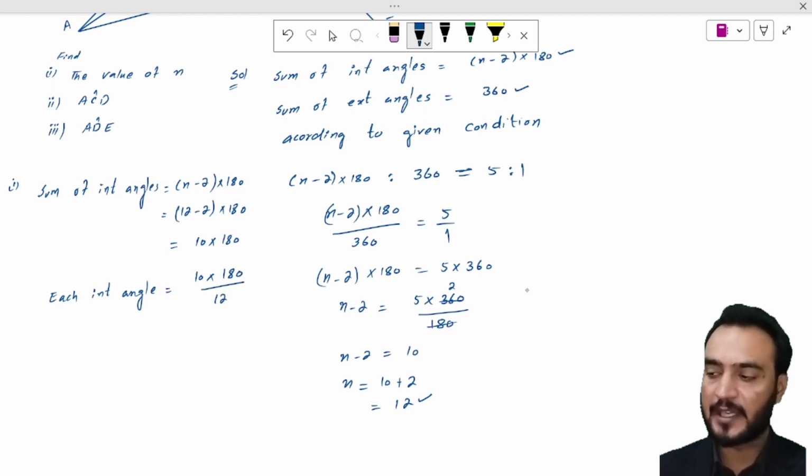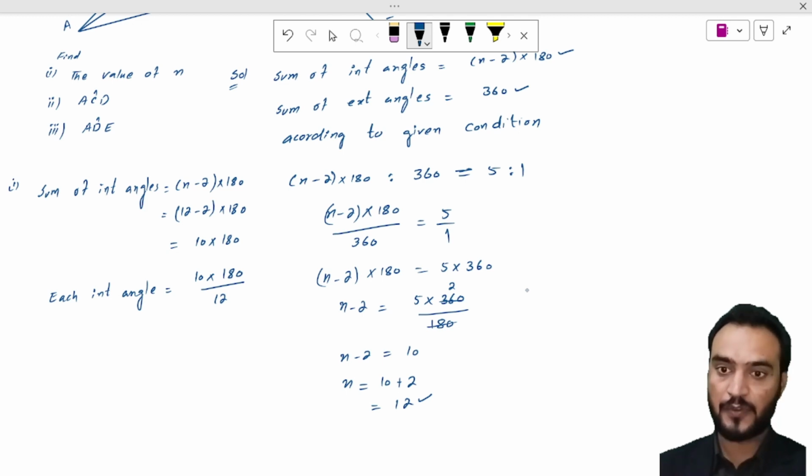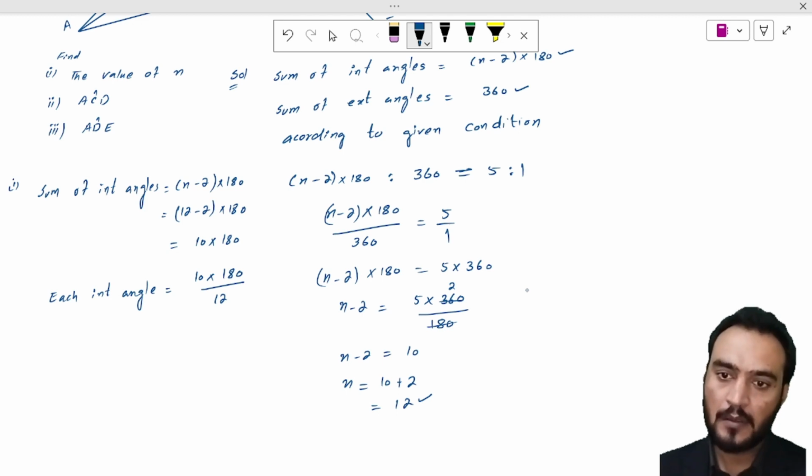We can divide 180 by 12. 180 divided by 12 is equals to 15. So 10 multiplied by 15, and 15 tens are 150.